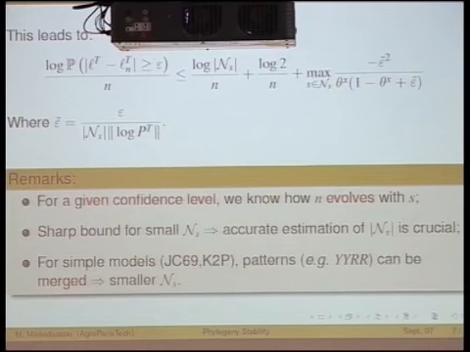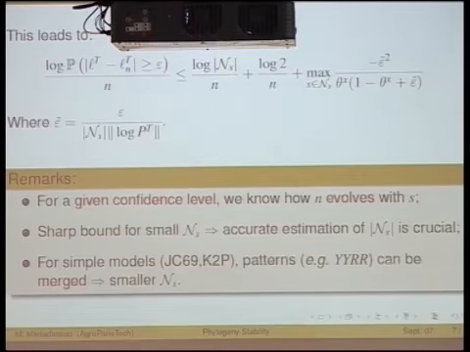So the nice thing about this is that for a given confidence level, for example, if you want your probability here to be small, you can compute the number of nucleotides you need to achieve this small probability. Another thing is that the bound is very sharp. This bound includes the total number of possible patterns, in here and in here.